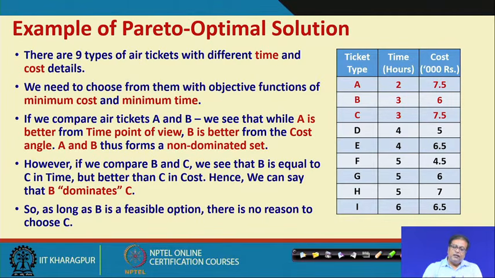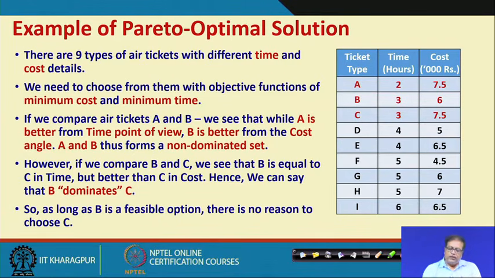Suppose there are 9 different options in front of us to buy air tickets, right, which are A to I. Now, in each option, if we travel, it takes certain hours of time and certain thousands of rupees of cost.